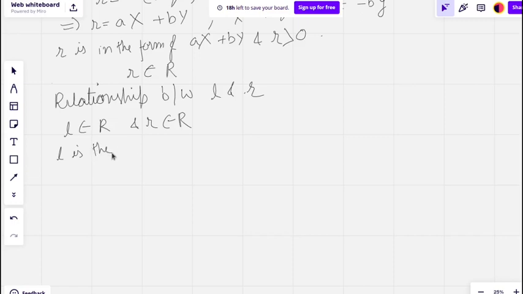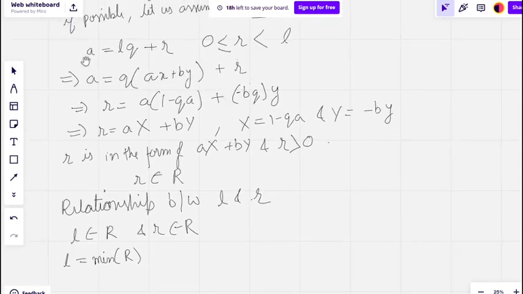Let me just write it down like this: L is equal to the minimum of the set R. And from our equation, let me just scroll up a bit to show you that equation.